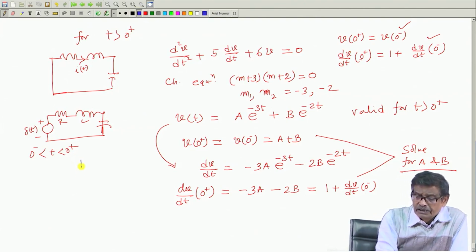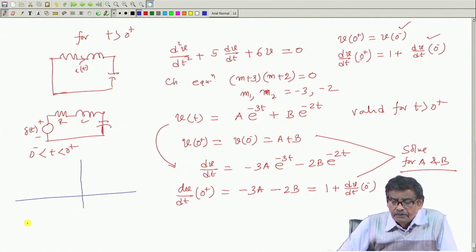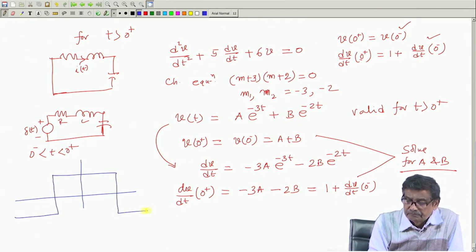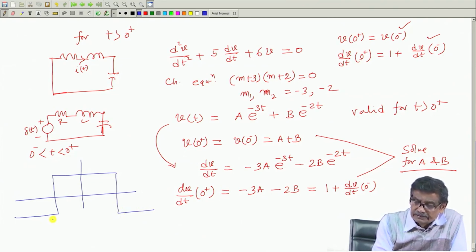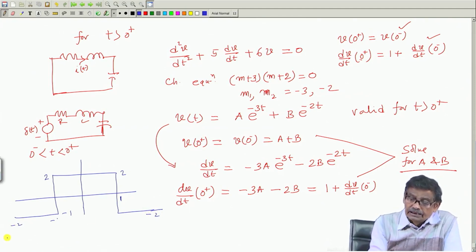So, the conclusion will be that if you have any waveform, for example, a voltage waveform like this. This level is -2, this is 2, and so on.